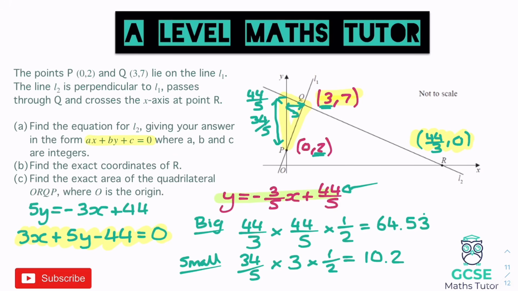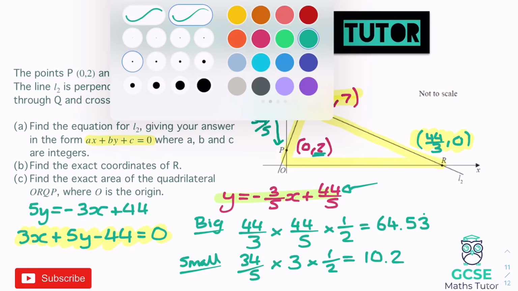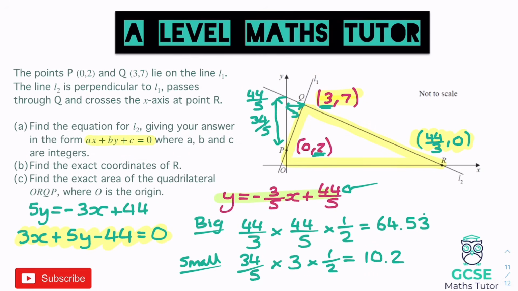Now obviously the whole concept of the question here is to work out the area of the quadrilateral. So in order to work that out, we're going to take the big triangle, subtract the little triangle, and it's just going to give us the area of that bit there, or in other words, what's left over. So we want to do 64.53 recurring, the larger triangle, and take away the 10.2, and it leaves us with a decimal which is 54.3 recurring.